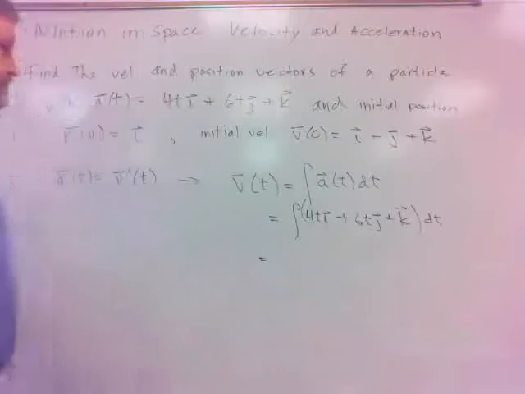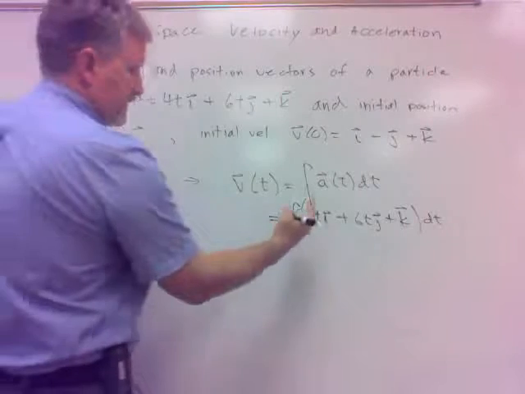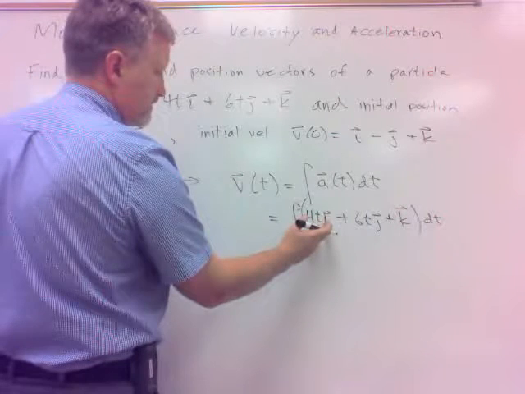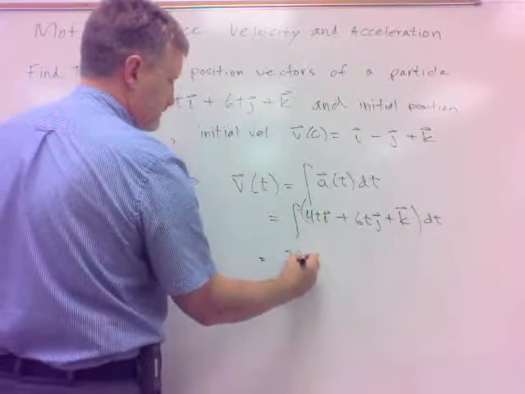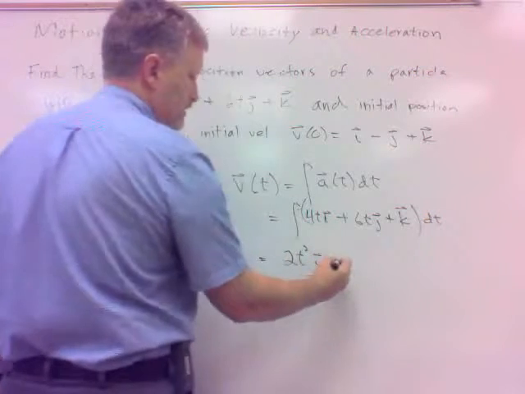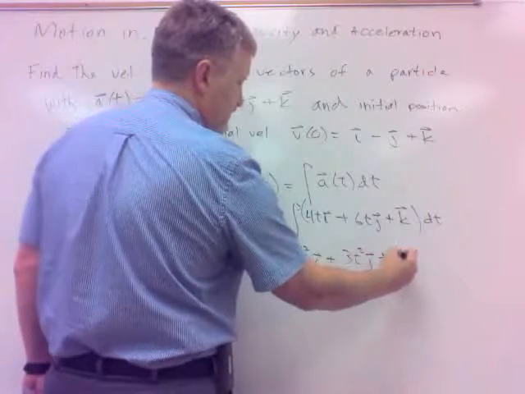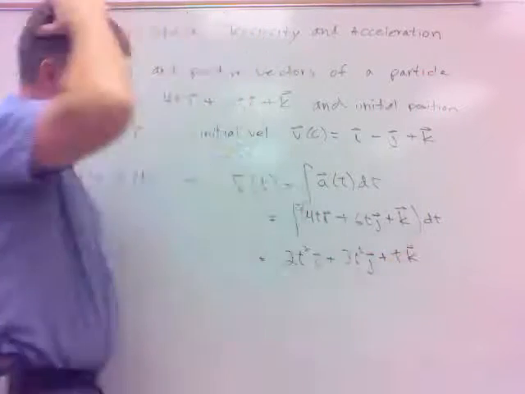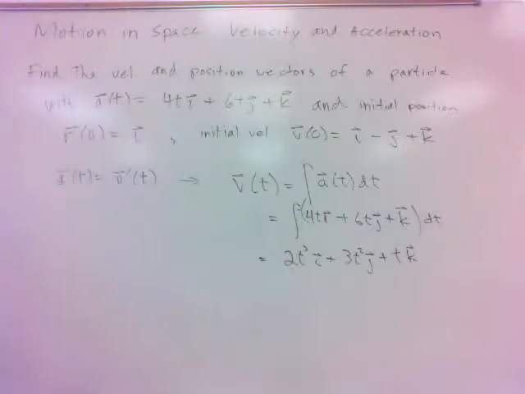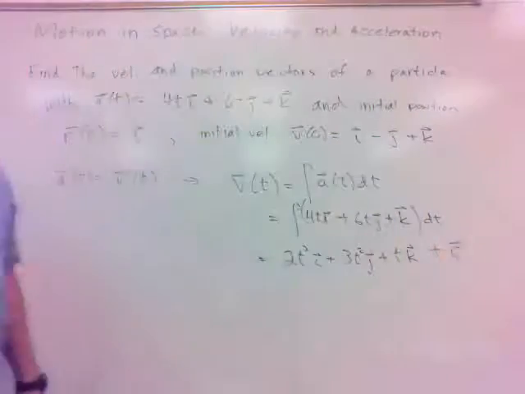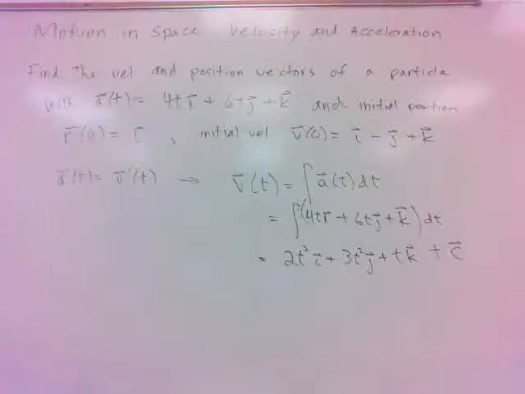Do it component by component: 2t squared for the i, plus 3t squared for the j, and then t for the k component. Of course this is an indefinite integral, so we need a constant, a constant vector. That's our velocity.